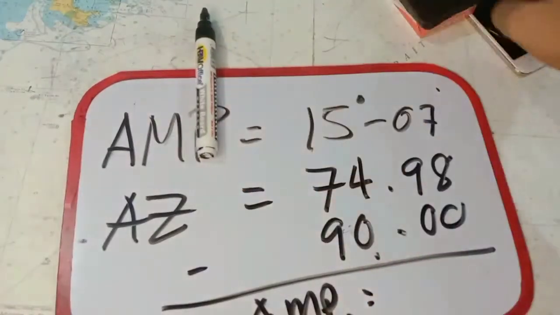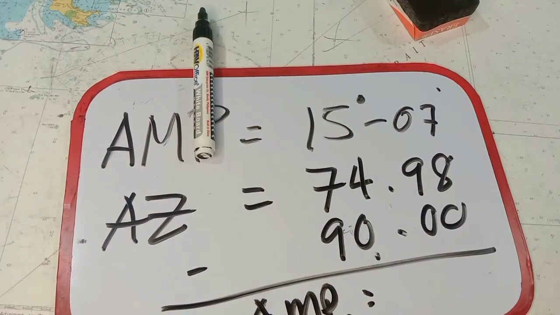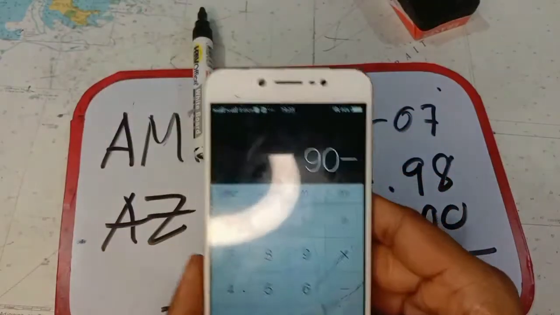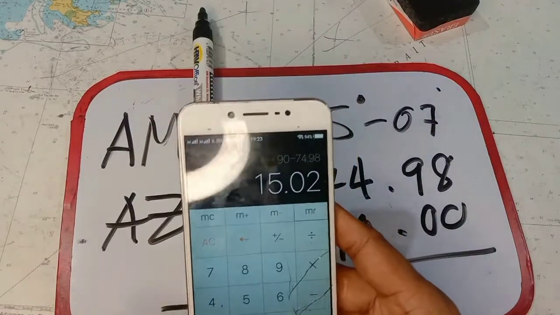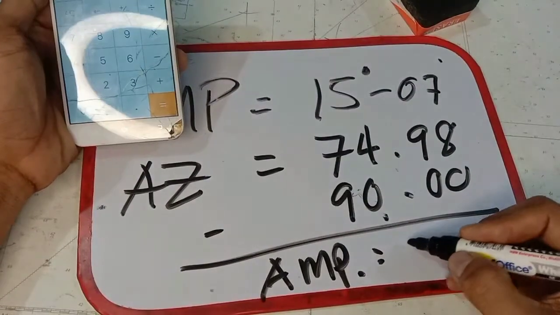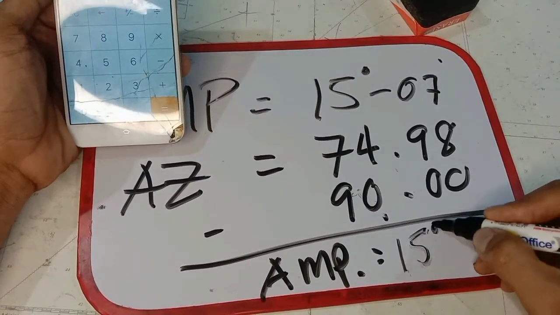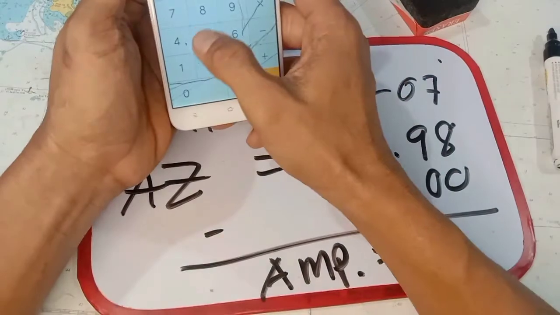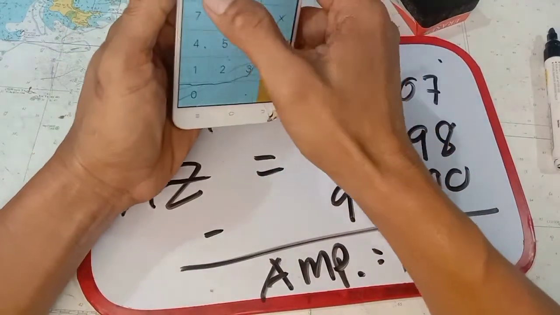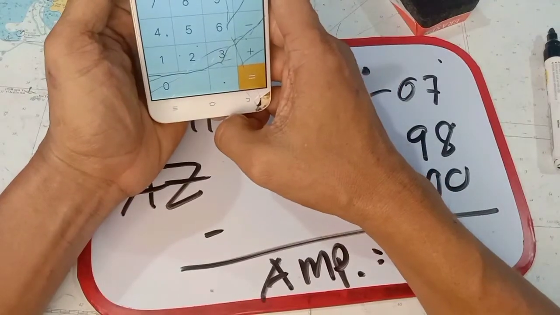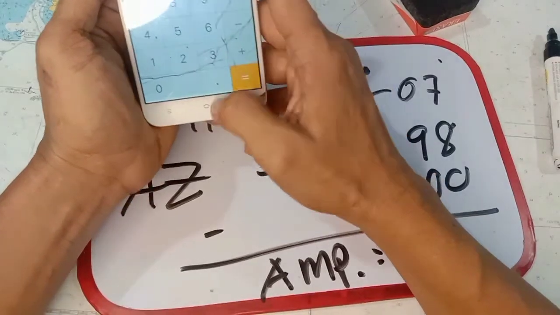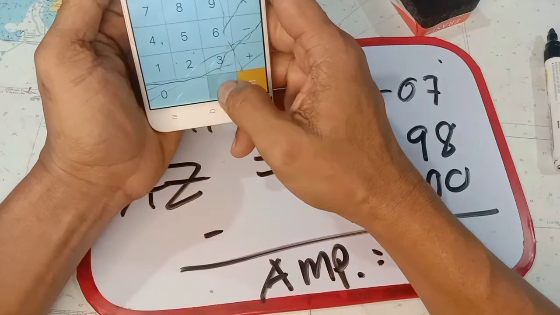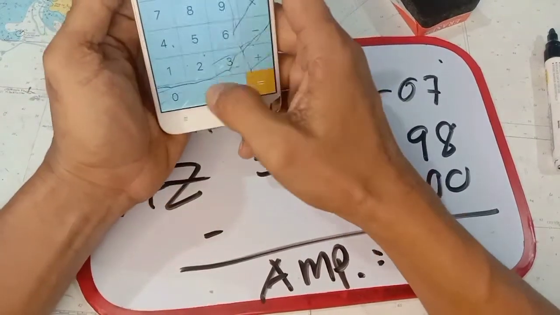So tingnan natin, gamitin natin ang calculator. So 90 minus 74.98 equals, so 15 degrees and minus natin to sa 15, then times yung 0.02 times 60 minutes.